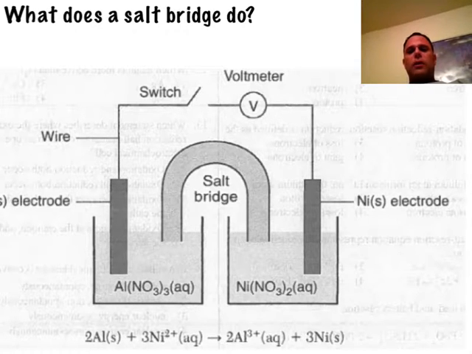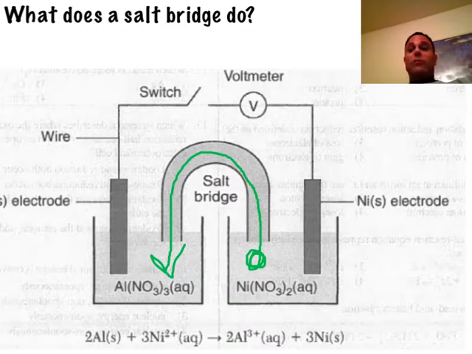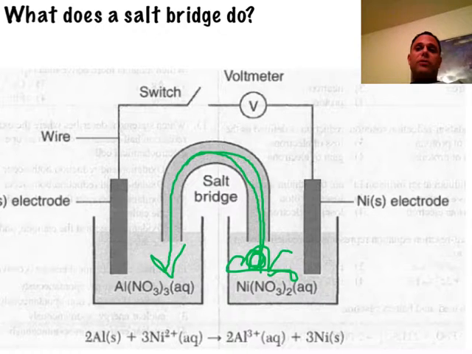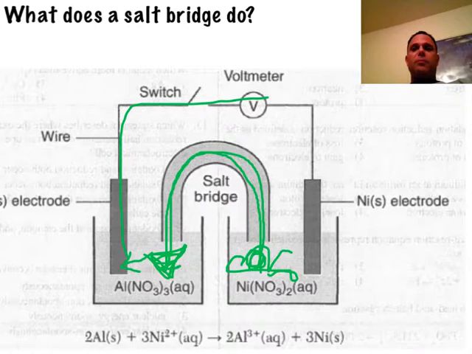So what the salt bridge provides is an opportunity for ions that are developed by a salt in this solution, negative ions, to travel in this direction. And if they're negative ions, that means they're traveling with extra electrons to help resupply this side so that the circuit can be complete and continue to run.